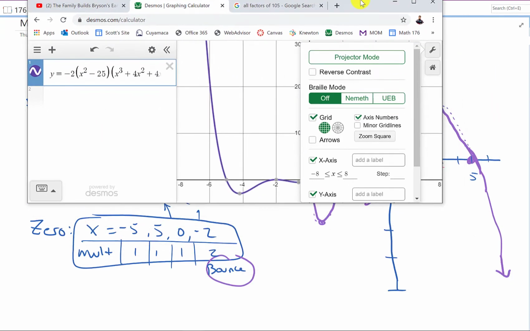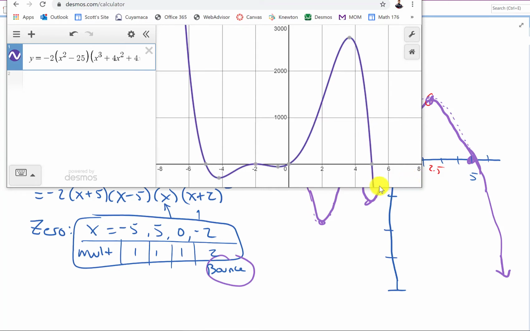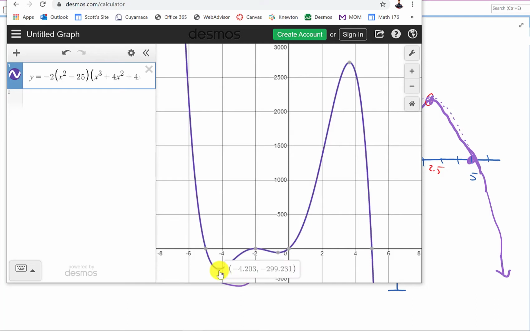So when we do it in Desmos, the scale turns out to be extremely high. The valley here is at -4.2, and it's at 300. And this has a valley here at -60, and this has a peak here way up at 2,700.